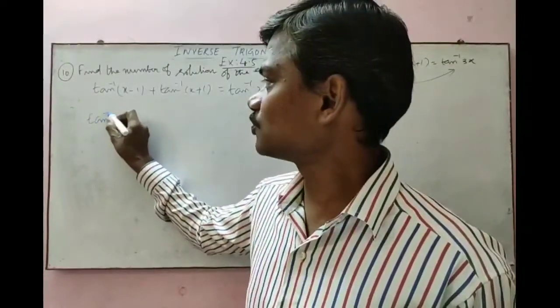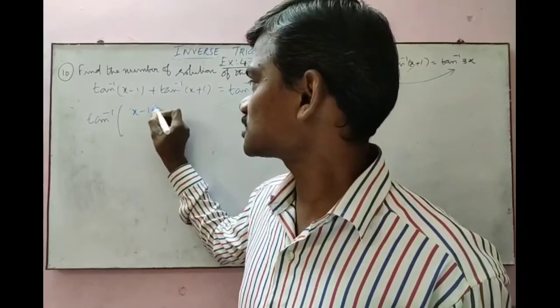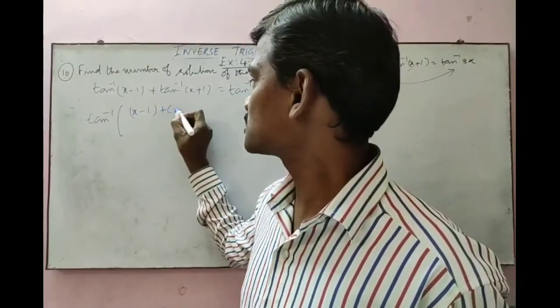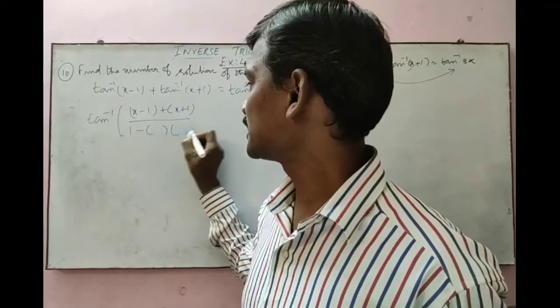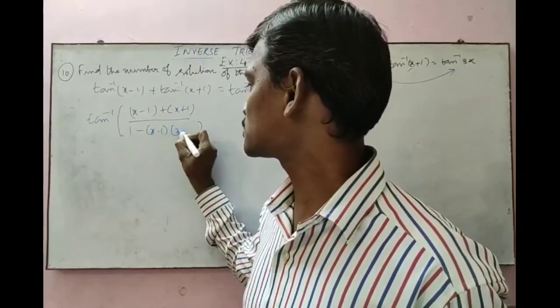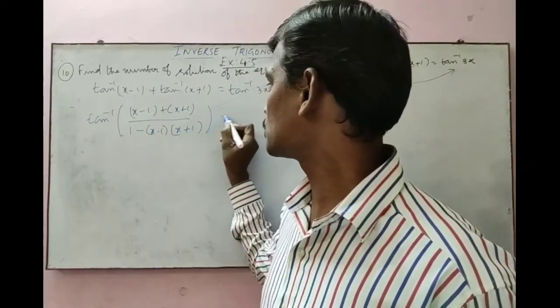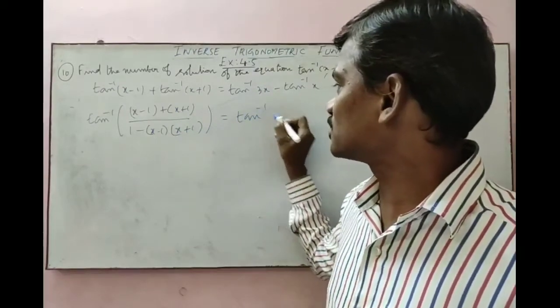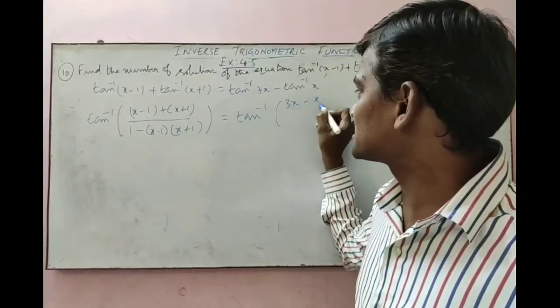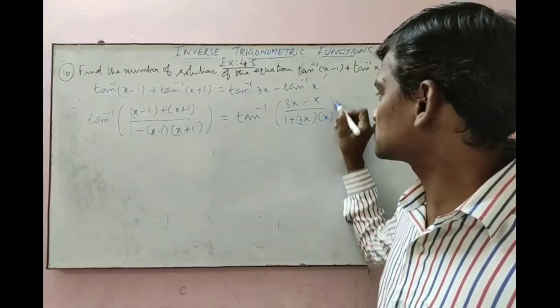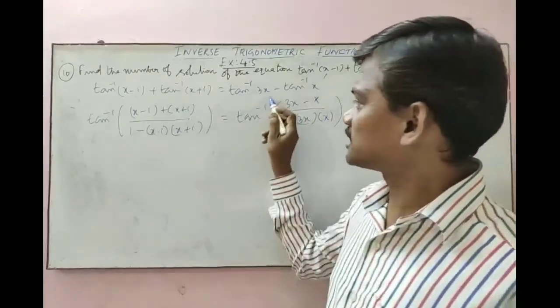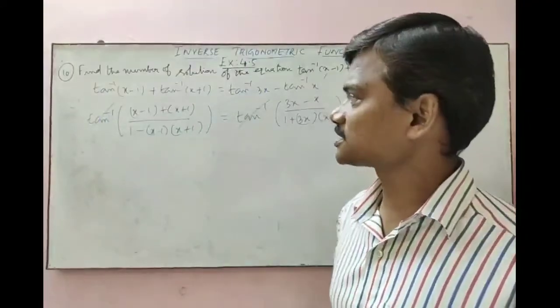You will get tan inverse of x plus y by 1 minus x into y. Here x is x minus 1, y is x plus 1. Like that here tan inverse of 3x minus x by 1 plus 3x into x. On both sides we have tan inverse, so tan inverse gets cancelled.